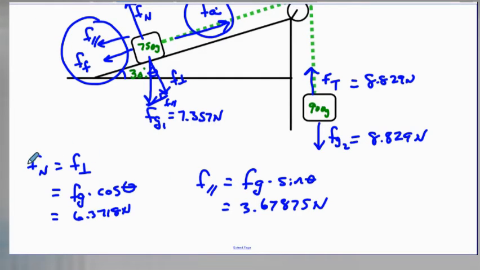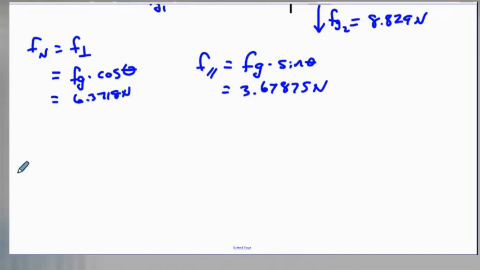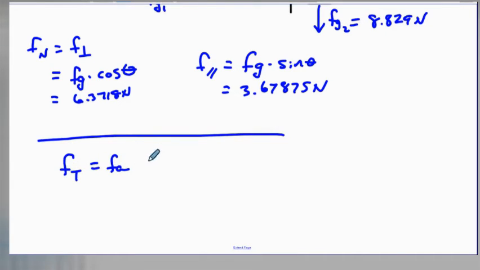Now, we were told that the block moved at a uniform speed. So because it's moving at a uniform speed, what we know is that force of tension, or the Fa, we have an F net of 0. So our Fa is equal to the parallel force plus our frictional force.